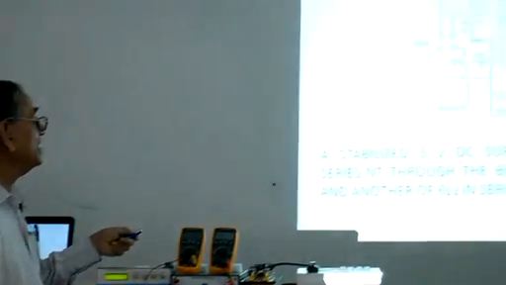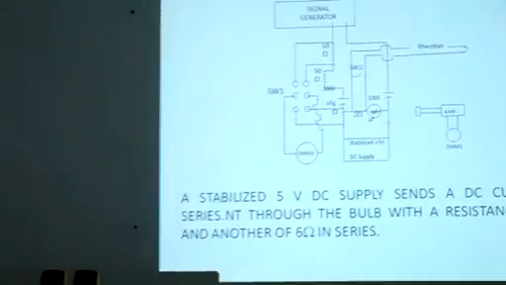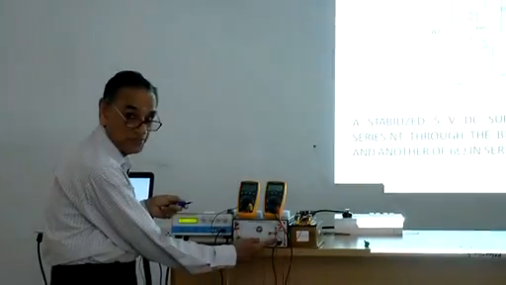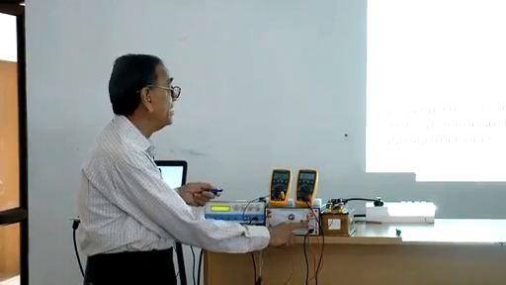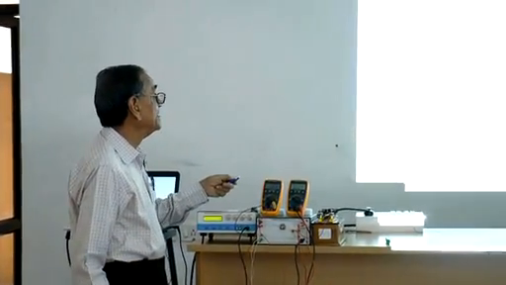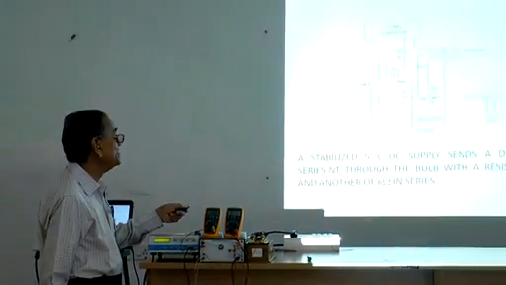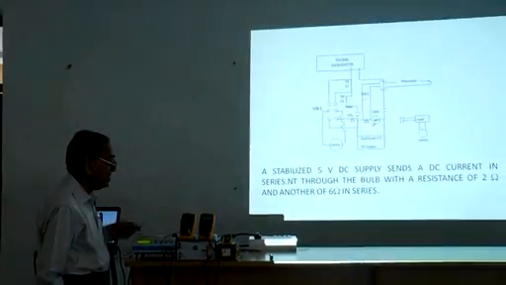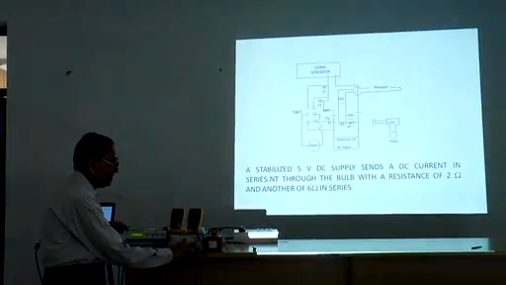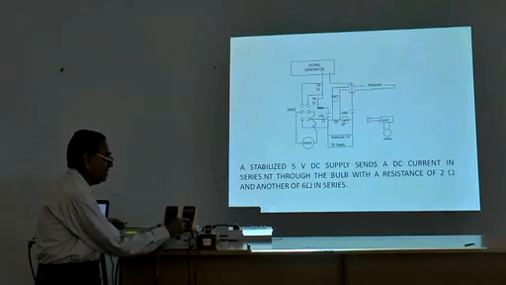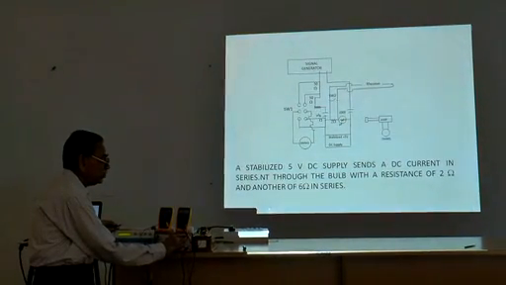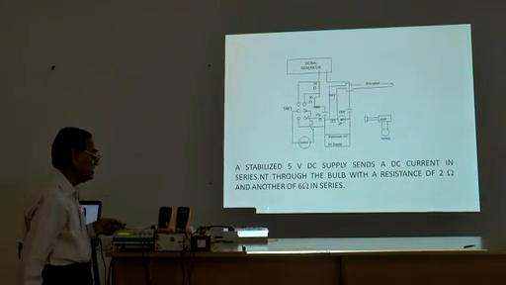This voltage comes to this switch at the bottom. When I put this switch down, it will measure the voltage across 6 ohms, and this voltage is measured by connecting a DMM to the 2 banana terminals here.